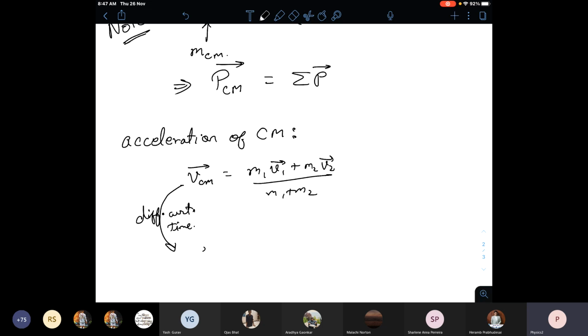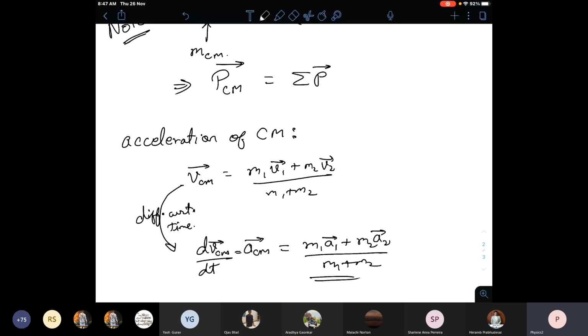If you differentiate velocity, on the LHS it will become acceleration of center of mass. By the same logic, it will be M1A1 plus M2A2 upon M1 plus M2. So this will be the acceleration of center of mass.